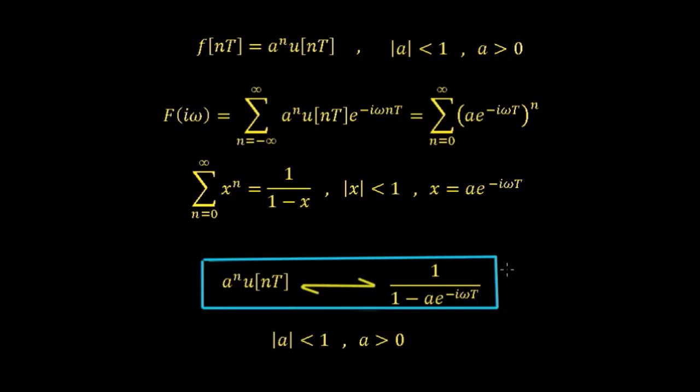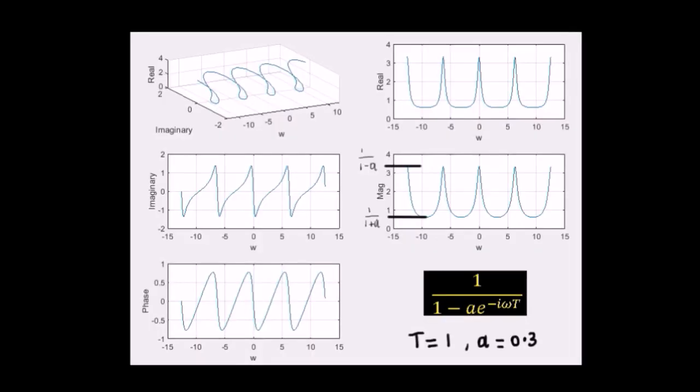So let's go ahead and have a look at this graphically. This is it plotted out in MATLAB. I've done it in 3 dimensions here, so we've got the omega axis, the imaginary axis and the real axis, so it is a complex function. I've also shown the purely real part, the purely imaginary part, the magnitude and the phase.